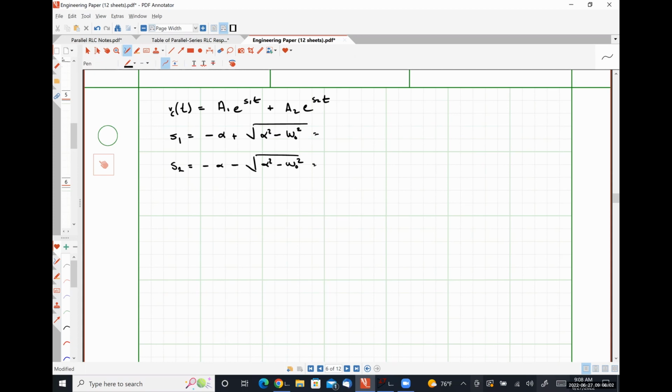So I'm just going to throw this into my calculator real quick. Alpha was 10/3, so negative 10/3 plus the square root of negative 10/3 squared minus 3 squared comes out to be negative 1.880.